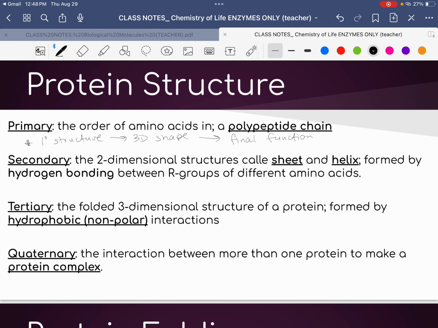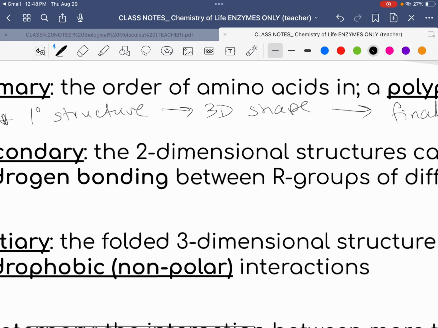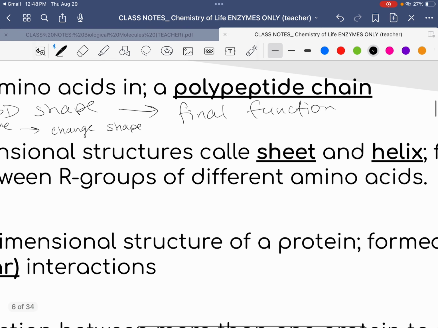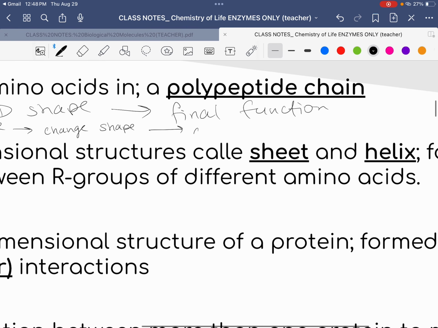So if you change the primary structure, then you change the shape, and you could alter the function.